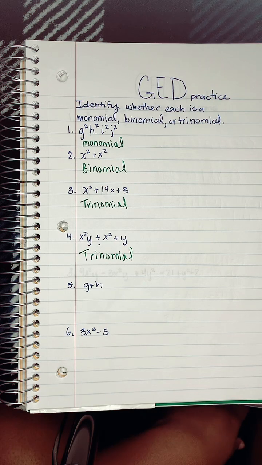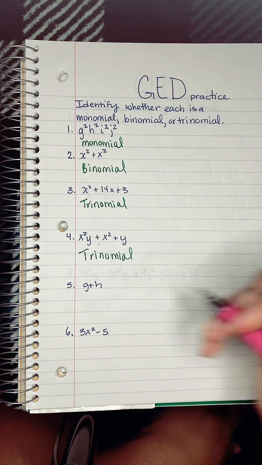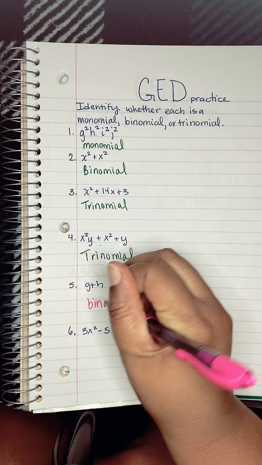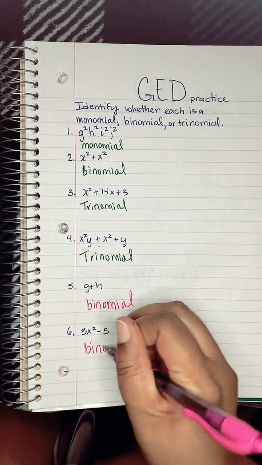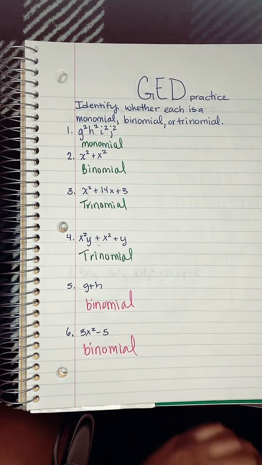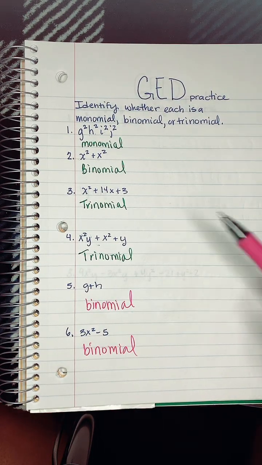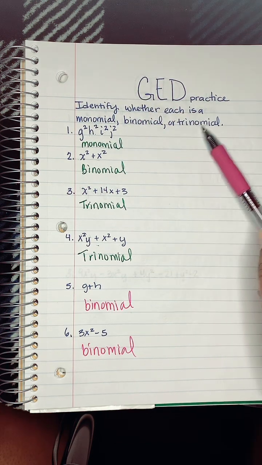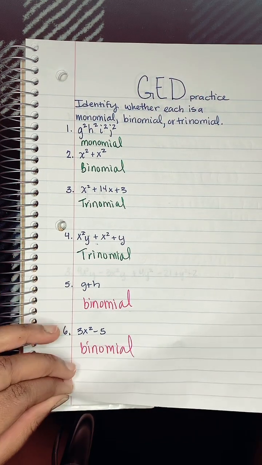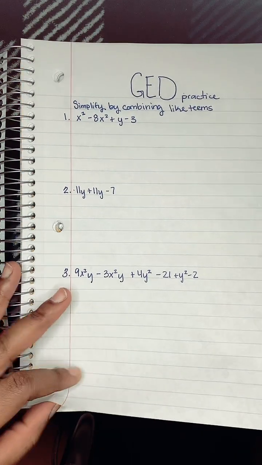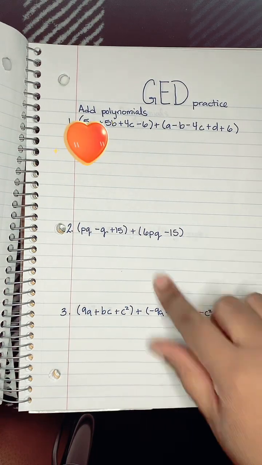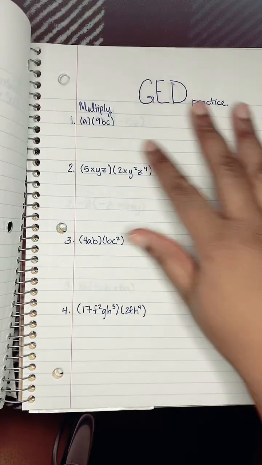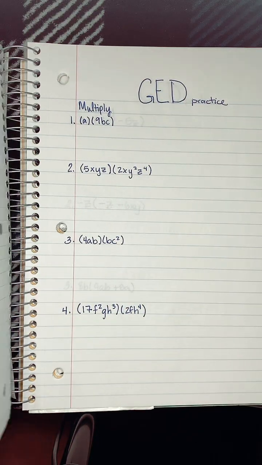And then number 5 is going to be a binomial. And number 6, binomial. Perfect. Good. So now we know the names: monomial, binomial, trinomial. Hopefully we understand what they're talking about, because we're going to need that when we start getting into adding polynomials, subtracting polynomials, multiplying. We're going to get into all that.